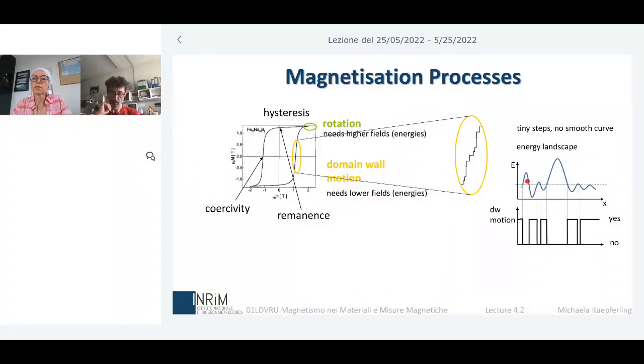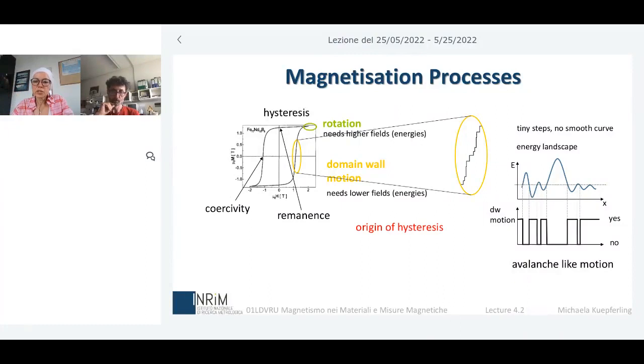You have to increase your field, of course, in order to overcome this energy well and to move your domain wall again. So this causes a kind of avalanche-like domain wall motion.